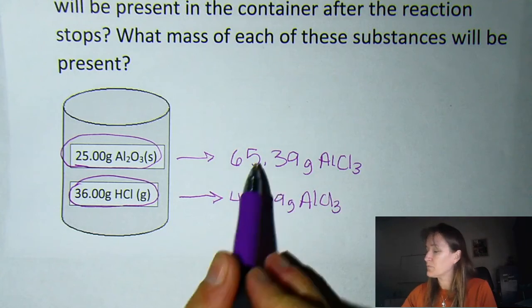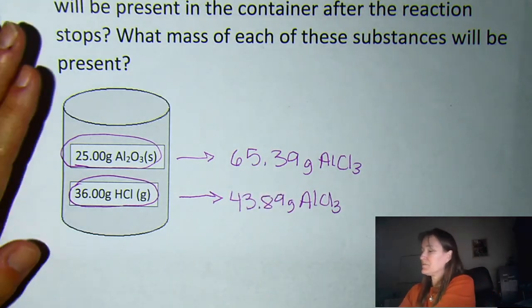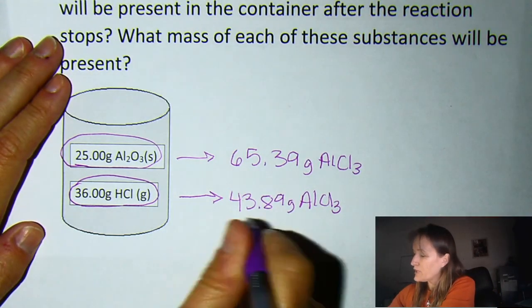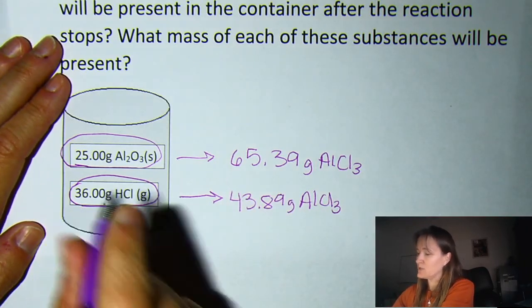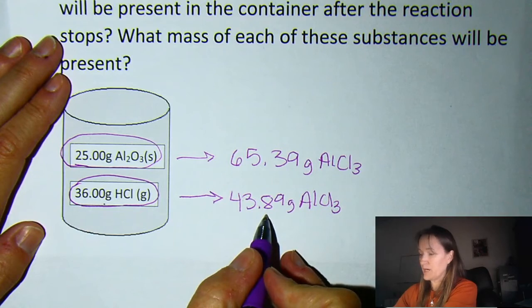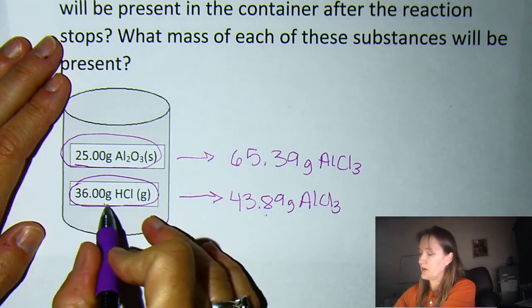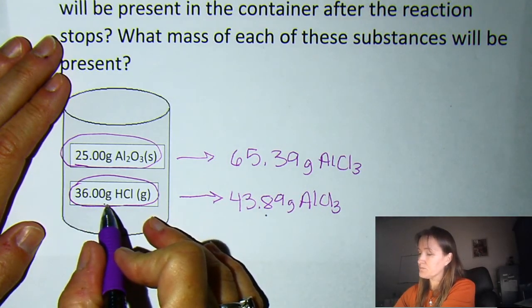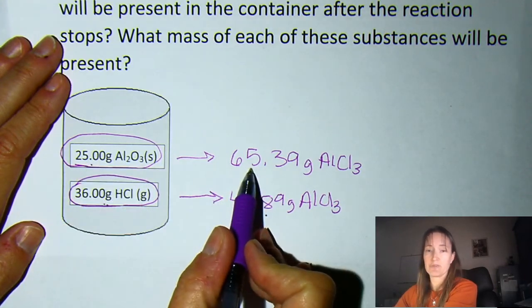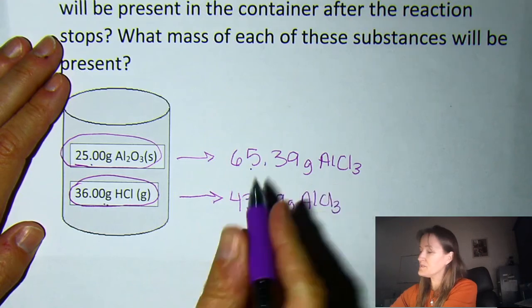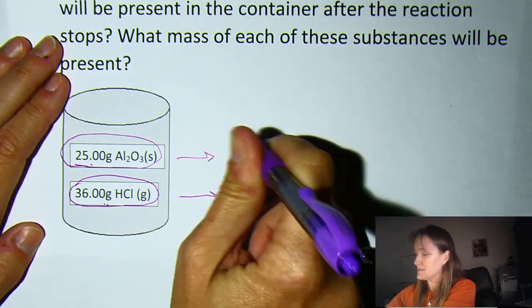So what these numbers allow us to figure out is that the 43.89 is using up all of the 36 grams. So once you create this much of this product, you're going to use up all 36 grams. Or if you use all the 25 grams, you can get up to 65.39 grams. Well, this is a much bigger mass.